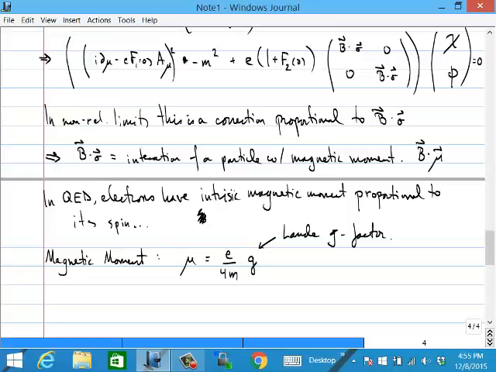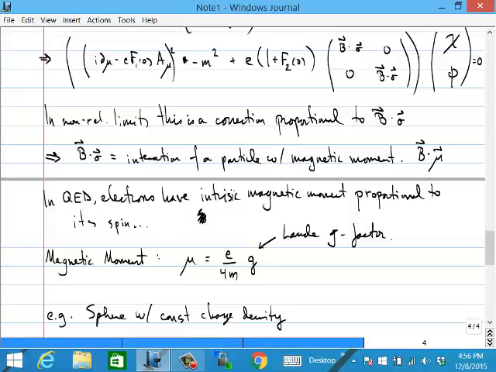However, if you looked at a sphere with a constant charge density, it has some charge, but if you give it some intrinsic angular momentum, it will also have a magnetic moment, because those charges are now moving.